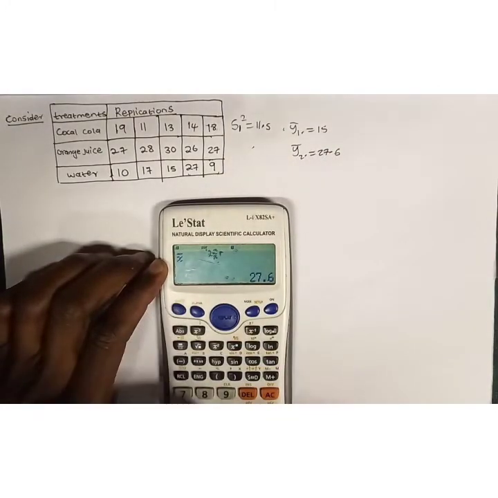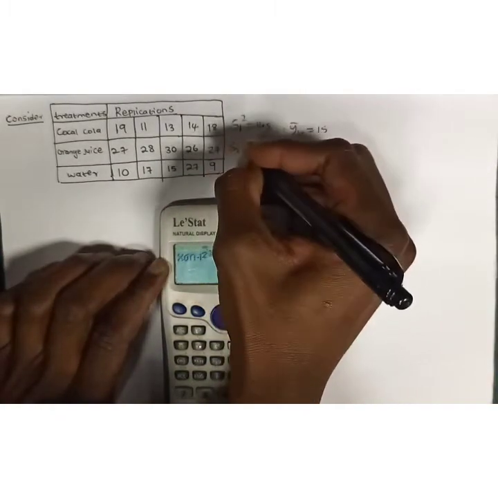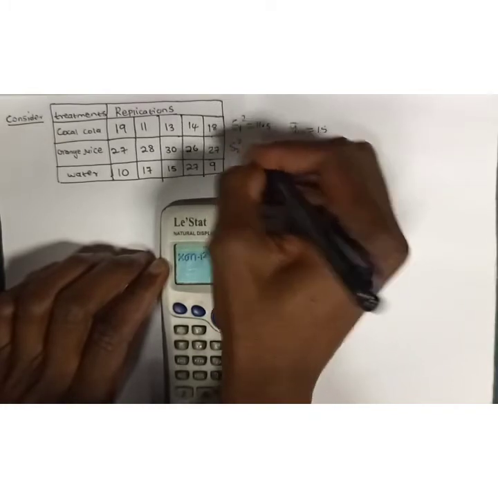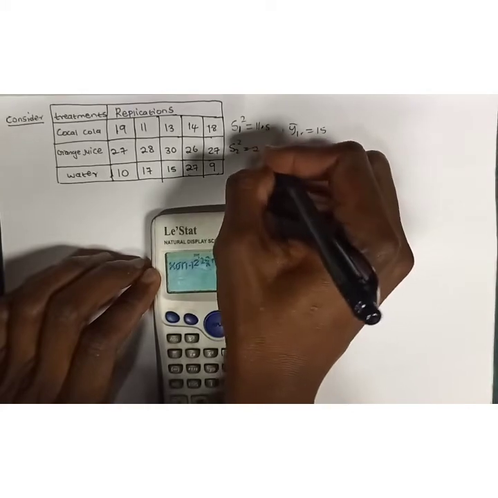What about the variance for the second treatment? As you can see here, it is nothing but 2.3.